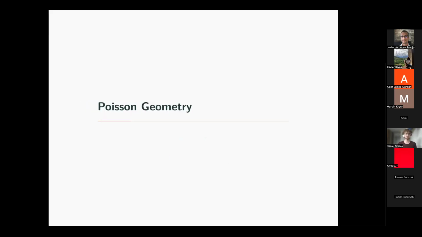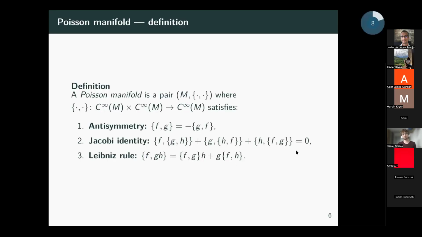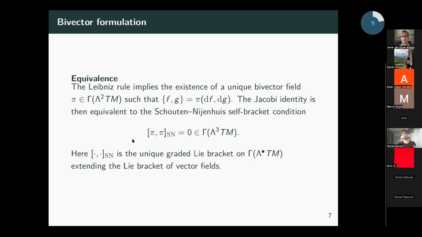Now I will introduce some basics of Poisson geometry, and we begin with the definition of a Poisson manifold. It is a pair: a manifold M and a bracket over smooth functions that is bilinear, anti-symmetric, and satisfies the Jacobi identity and the Leibniz rule. Equivalently, the Leibniz rule implies the existence of a unique bivector field such that this bivector contracted with the differentials is exactly the bracket of those smooth functions.